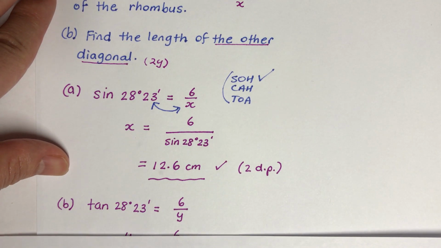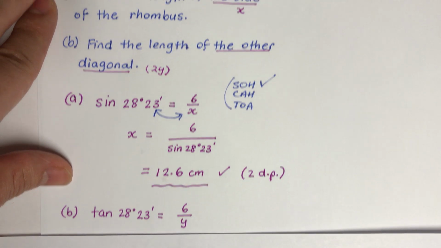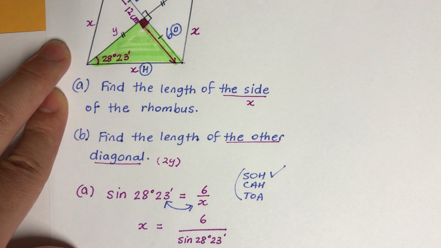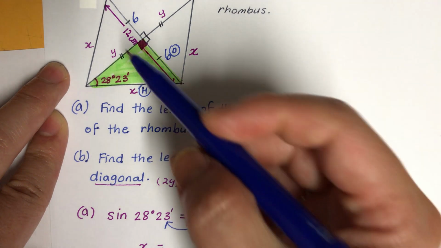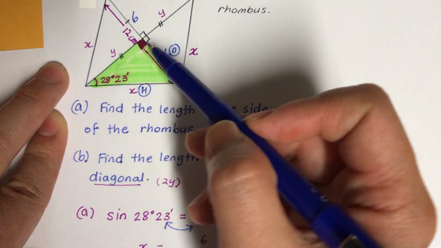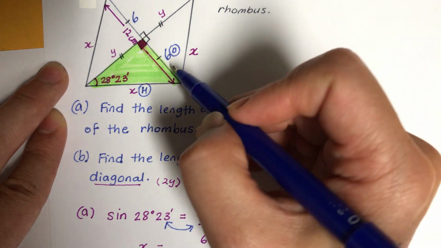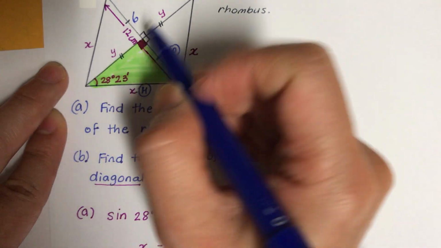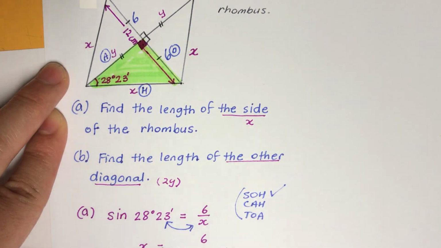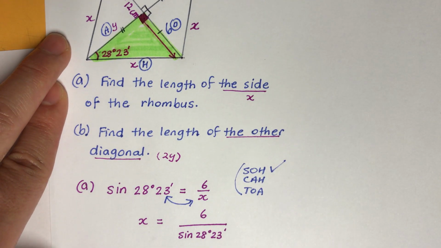Okay, and then to find the y now, because that was the other diagonal we have to find, we're still going to use this triangle, and this one is adjacent, isn't it? Because it's got 2 angles on the side, so it's adjacent.